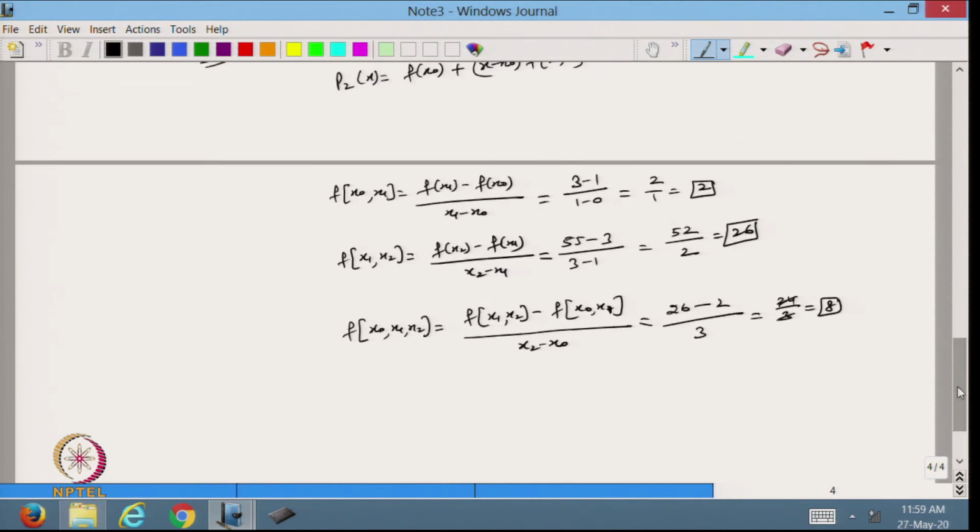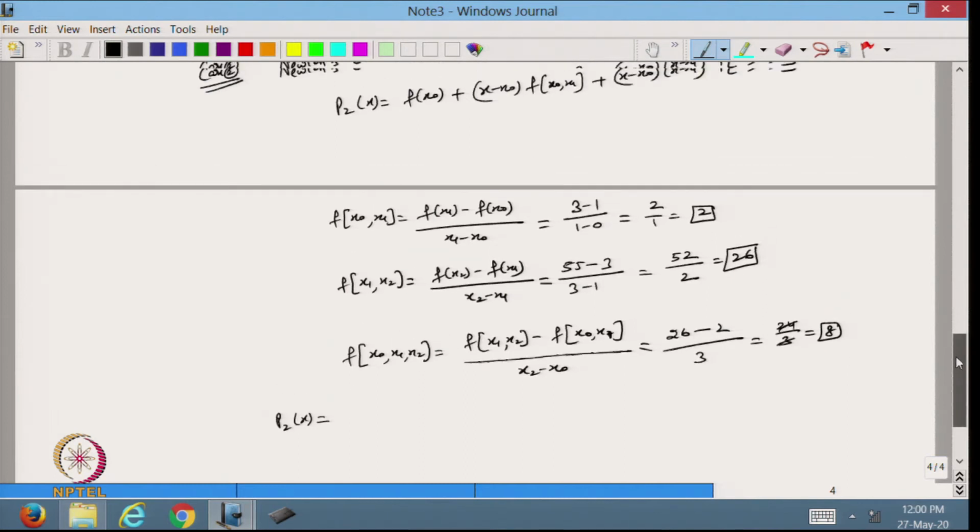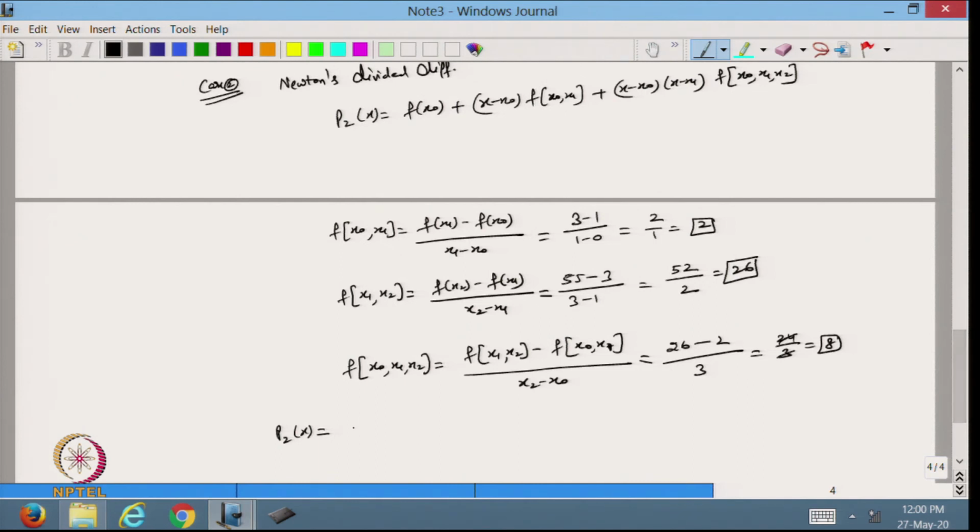Now, from here my p2(x) becomes: f(x0) is given to me, that is already a value, that is 1. So I can write 1 plus (x minus x0) into the expression, that is 2, plus (x minus x0), that is x, times (x minus x1), that is x minus 1, into 8.